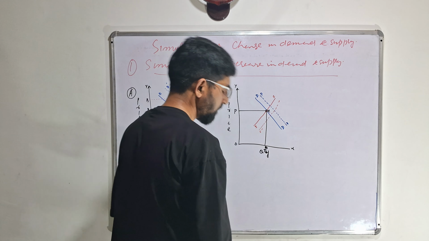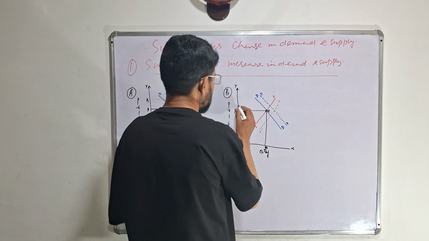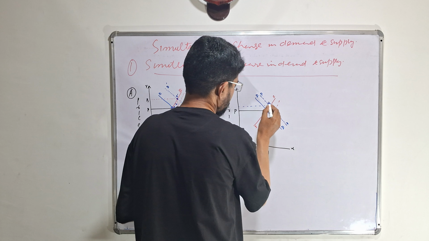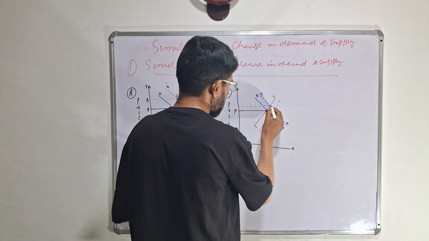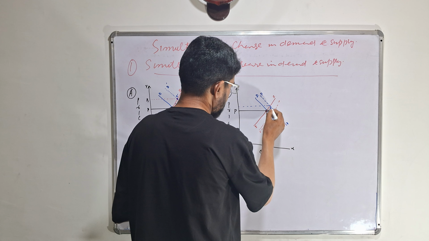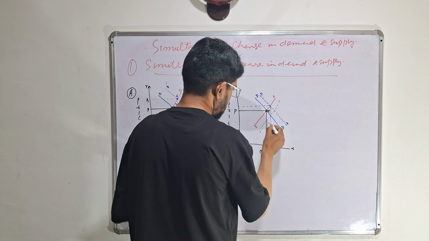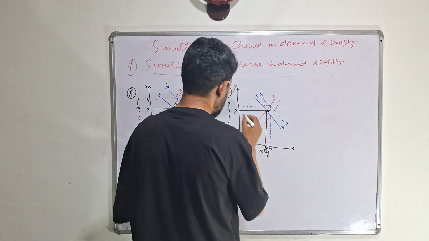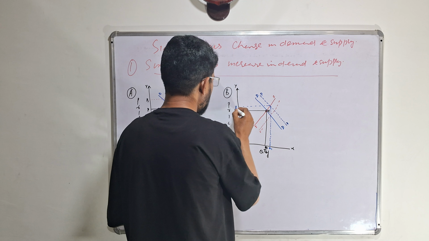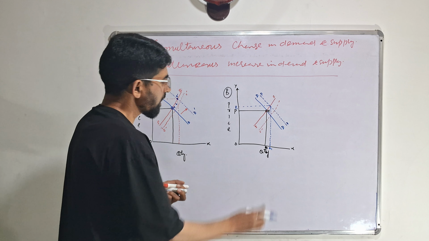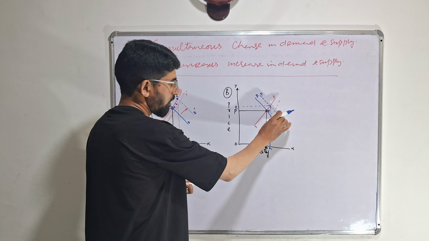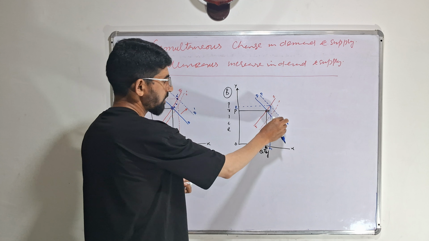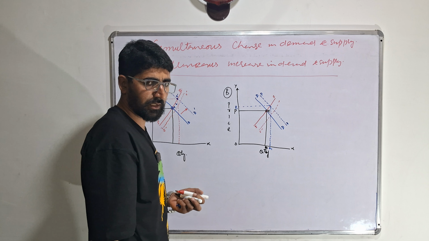This shows us E1 and Q1. This shows us the change in quantity demanded is equal to the change in quantity supplied, which means there is equal change.